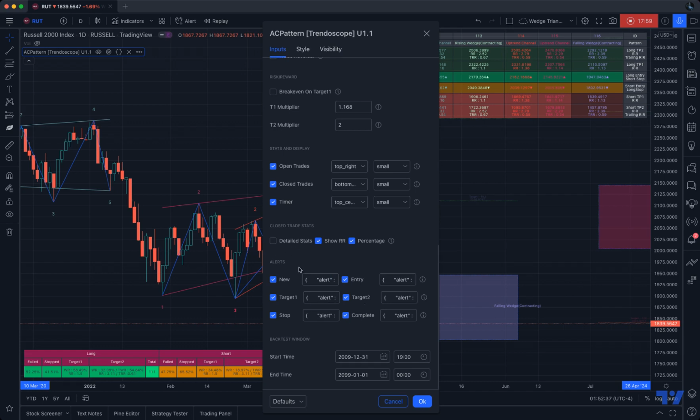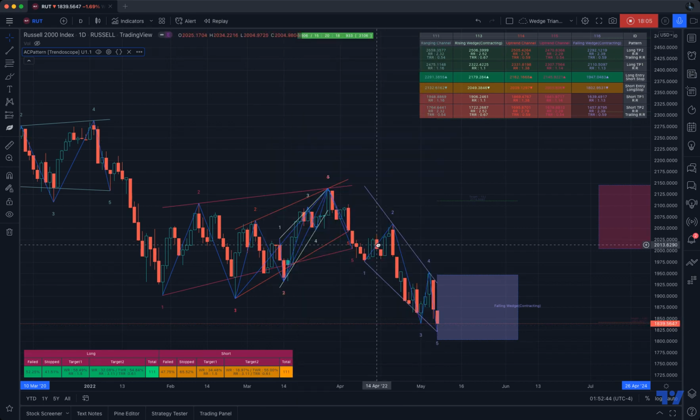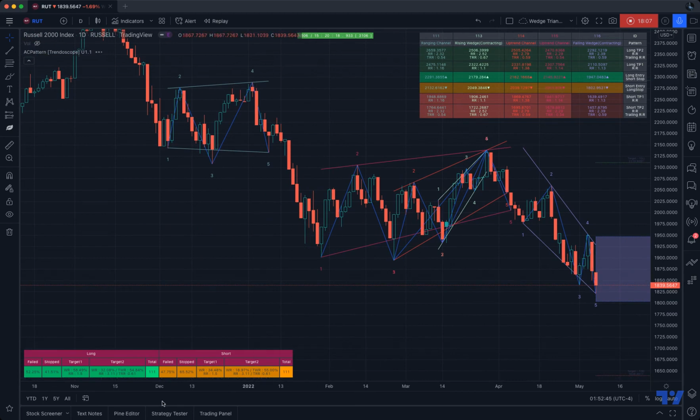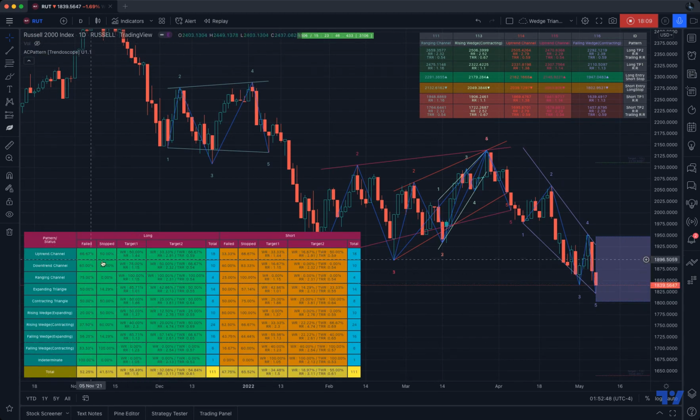We have all kinds of stats. If you enable detailed stats, for example, it will show the detailed stats for all patterns, like what percentage failed. Failed patterns are not really a concern, because it just means that the trade entered the other way.